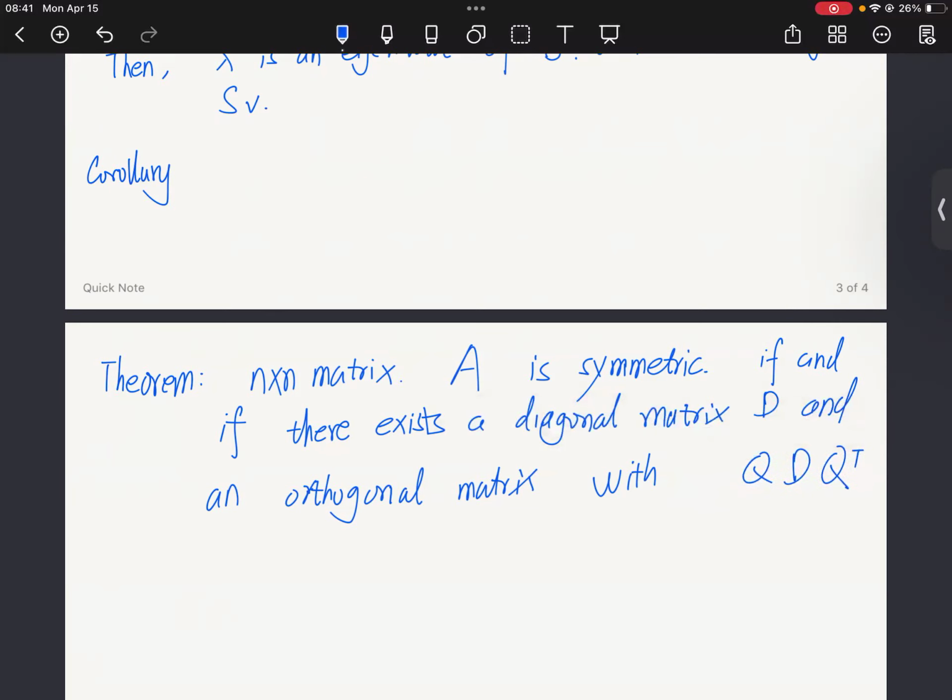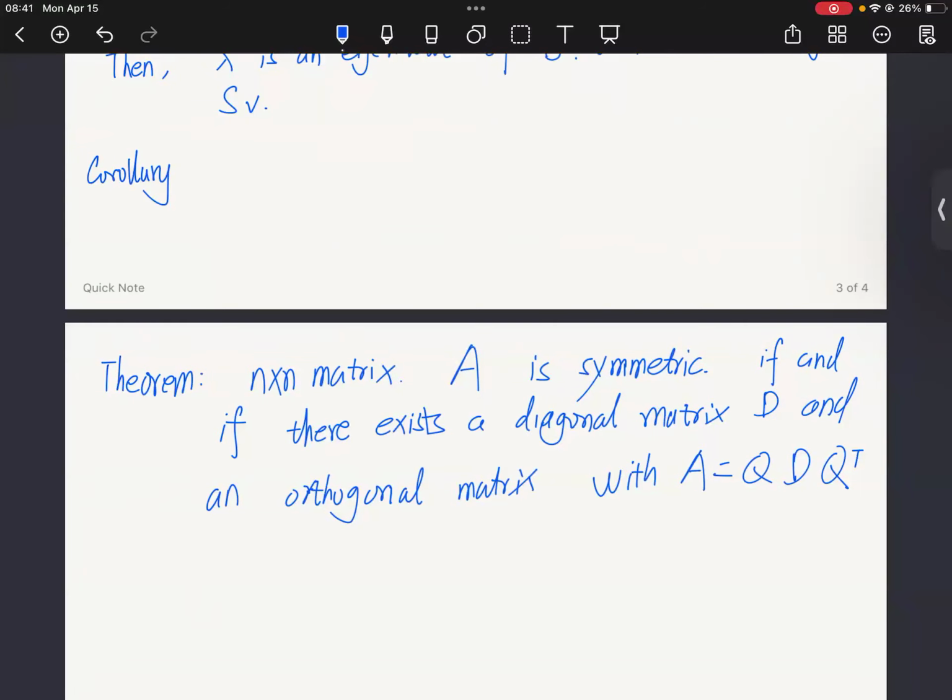This means that a symmetric matrix is similar to a diagonal matrix, and the similarity transformation matrix is an orthogonal matrix.